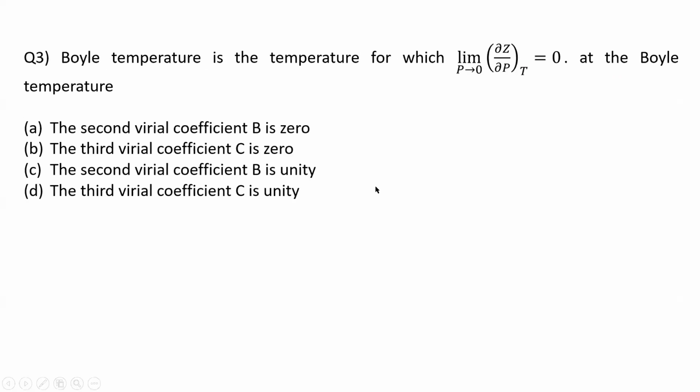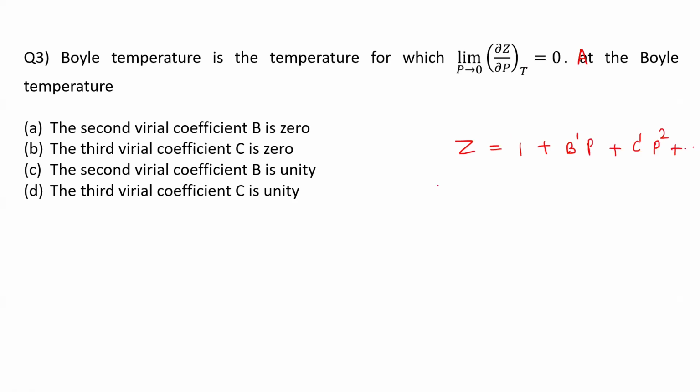What is correct at the Boyle temperature? Generally we have Z = 1 + B'P + C'P² and so on.